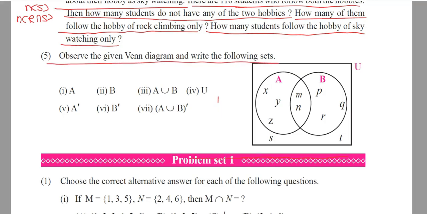Now the last question. Observe the Venn diagram and write the following sets. Now see this, A and B is given. Here is a universal set U, A, B, A union B, A complement, B complement, A union B complement. Question number 5.